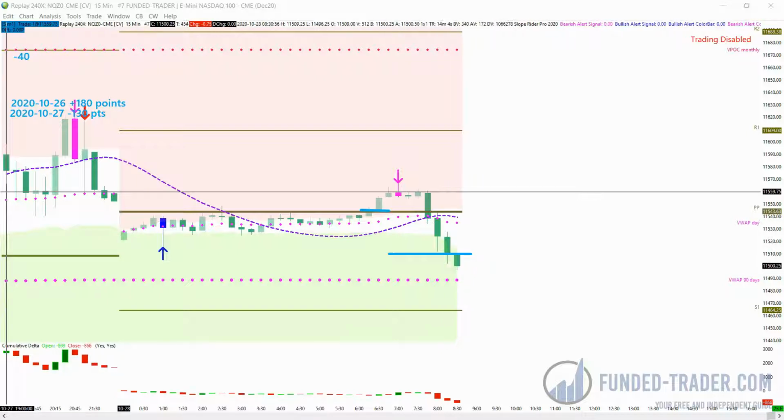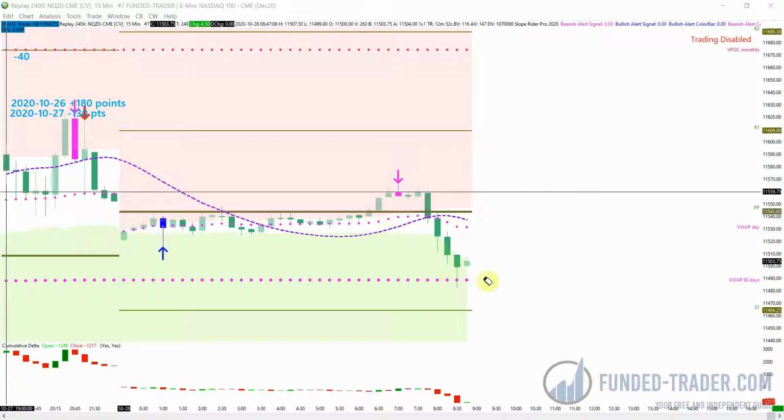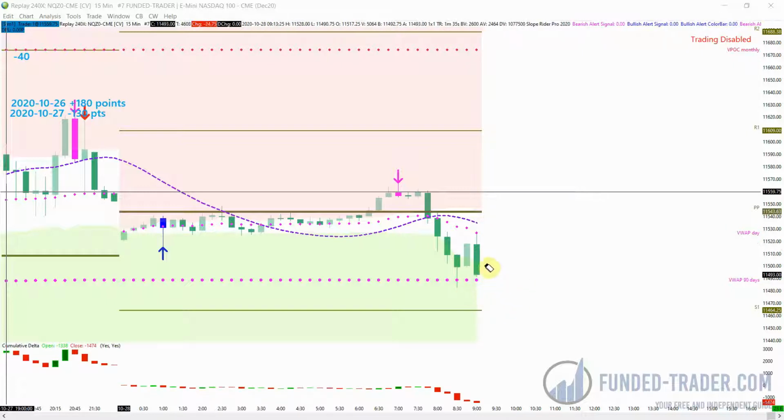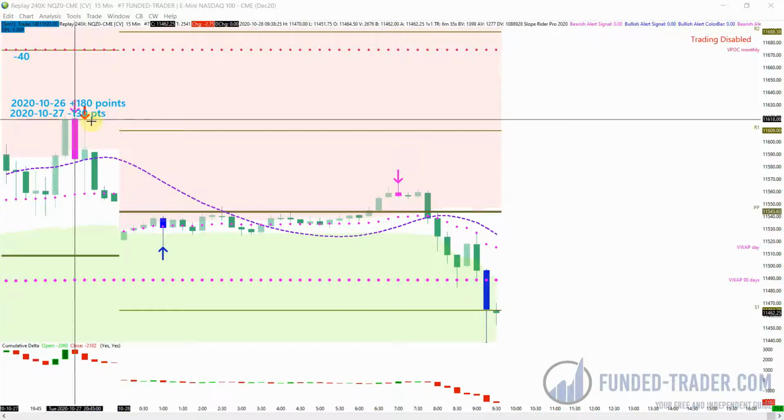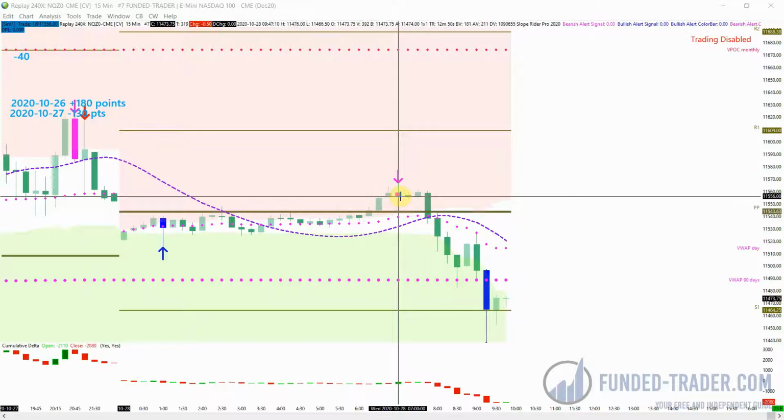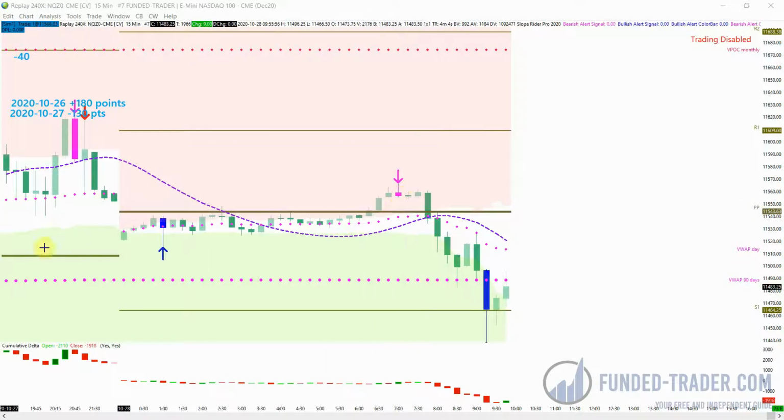Keep playing. You see how well it bounces off the VWAP 90 days and it goes a little further. Now it's playing with the medium of hull, and that's it. That's a really nice move for the day. Obviously, that was a signal that I could have taken as a short.